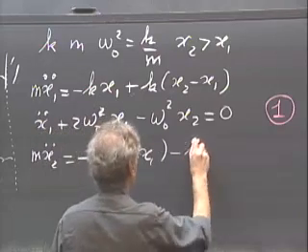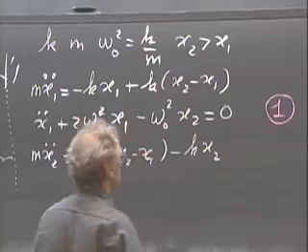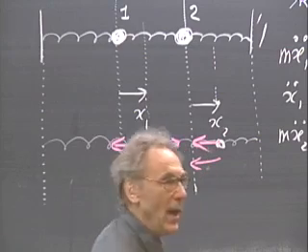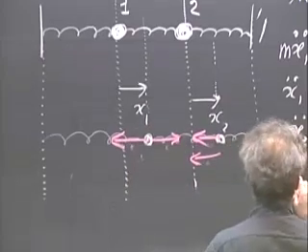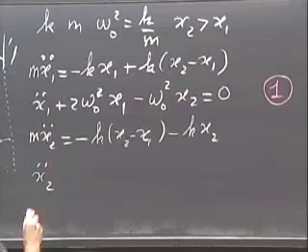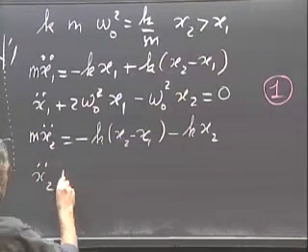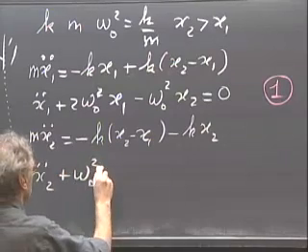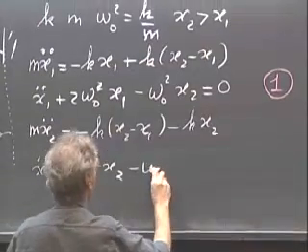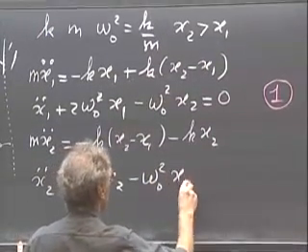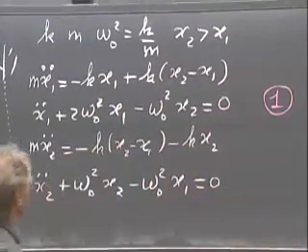So I get minus k times x2. It's shorter by an amount x2 than it wants to be. And so I can divide m out. And so I get x2 double dot, and then plus 2 omega 0 squared times x2, and then minus omega 0 squared times x1 equals 0.